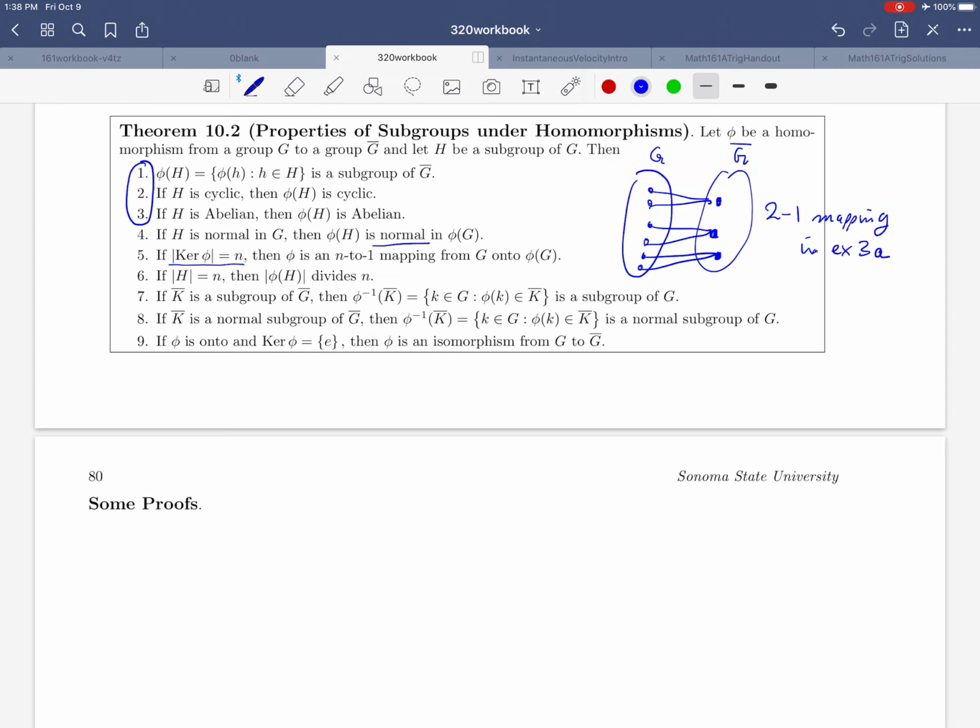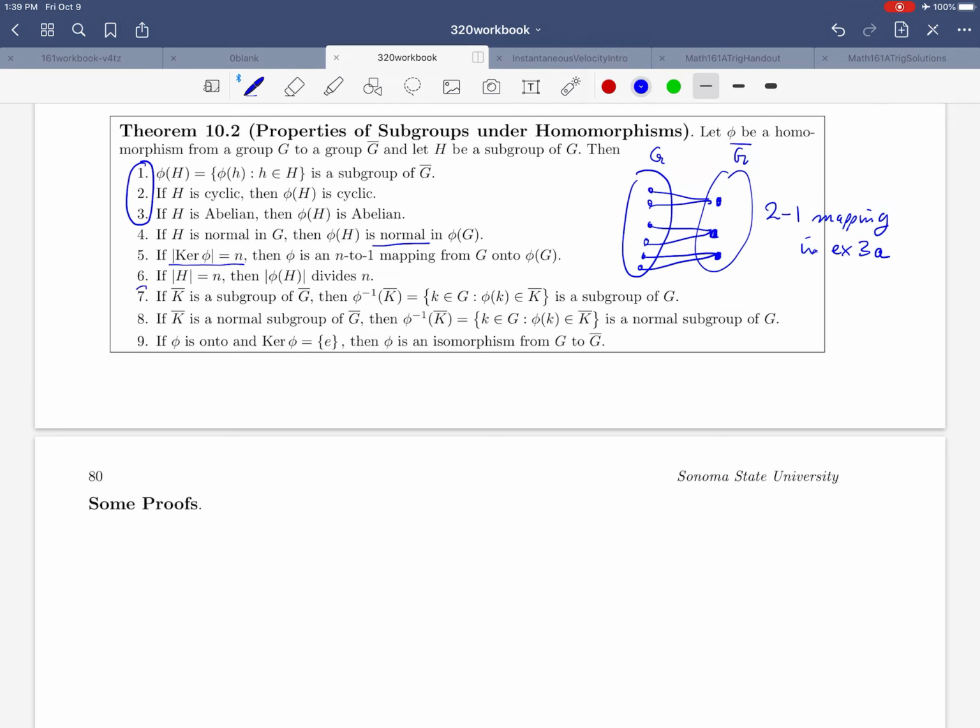Property number 6 says if the order of H is n, then the order of phi of H divides n. Again, since we don't have a 1-to-1 mapping anymore, we don't keep that the orders of a subgroup and its image have to be equal. We just keep that the order of the image divides the order of our original group H.